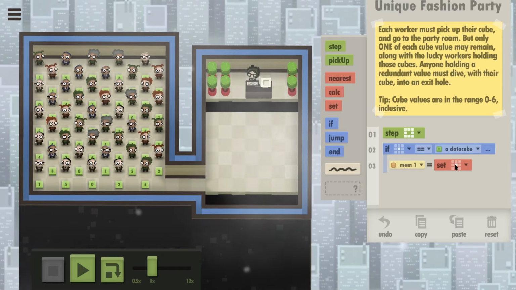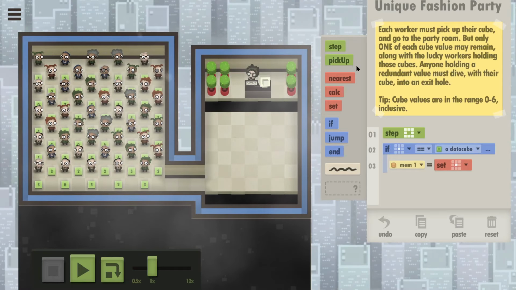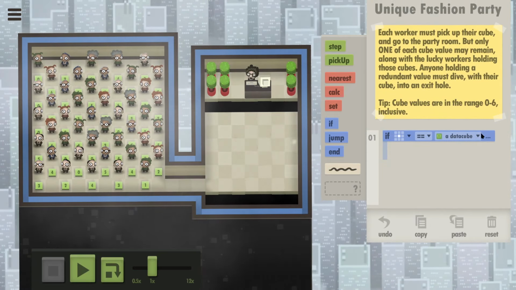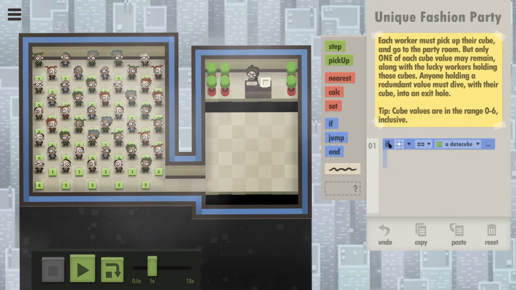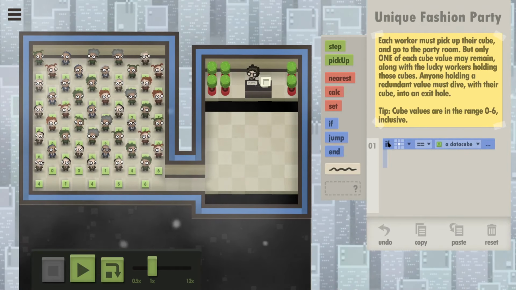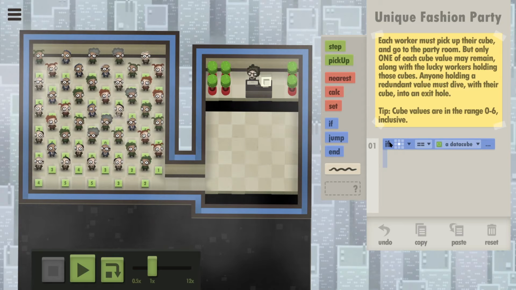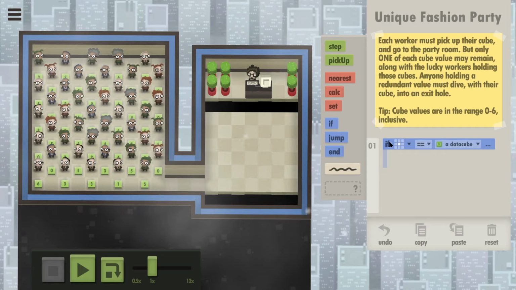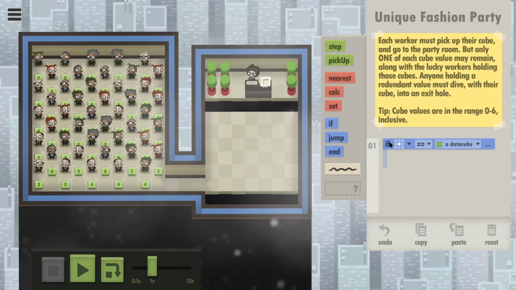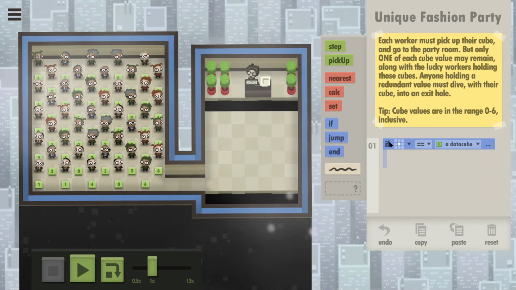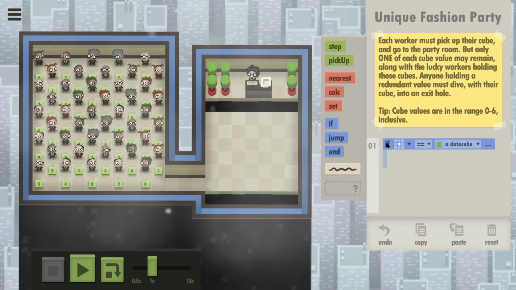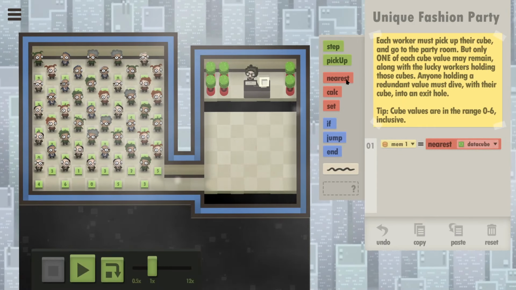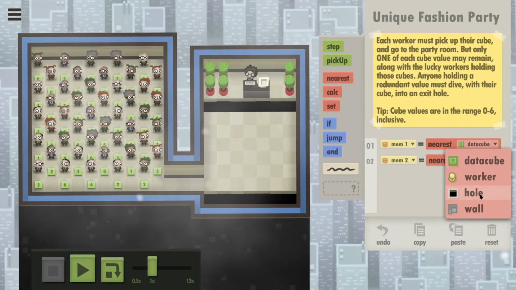Memory set 1. I don't think that matters. You can just go closest data cube. I think. No, because then you're looking at them. Alright. Nearest data cube. Nearest hole.